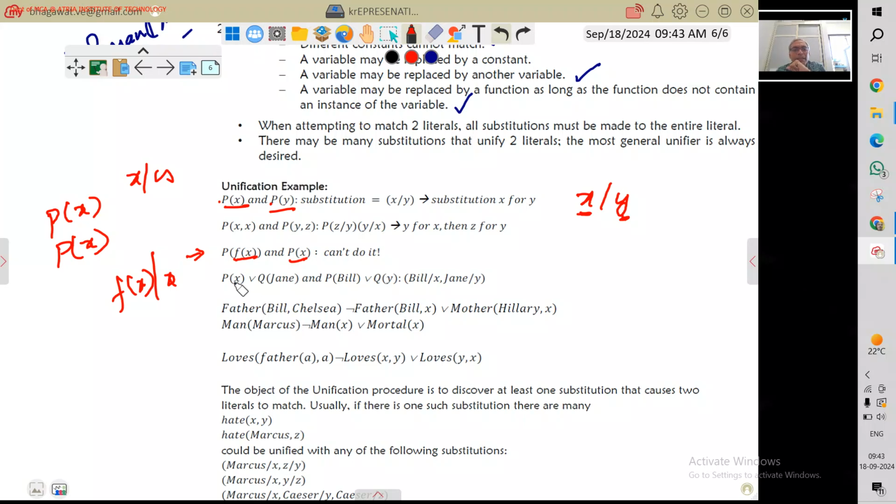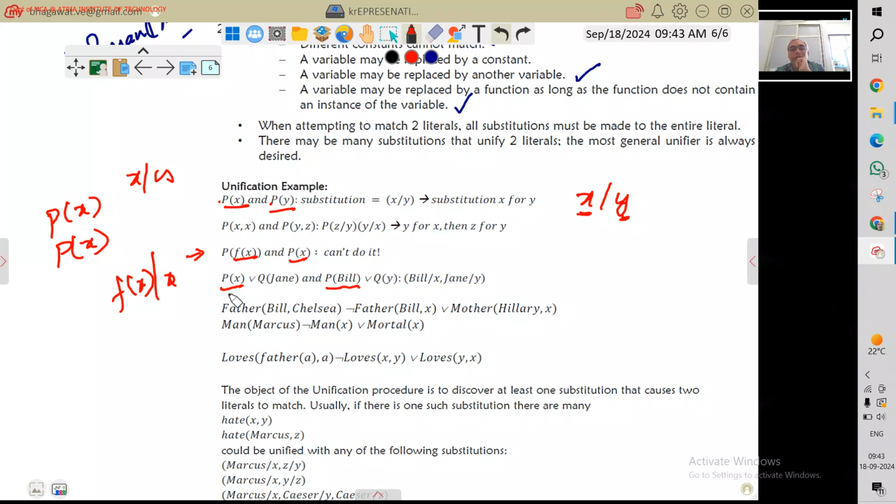Even if you take this example, you have got p of x or q of Jane, and p of Bill or q of y. If you want to do resolution, the first thing is you are going to look into the predicates. The first predicate we have got is p of x, and another predicate p of Bill is there. Both the predicates are matching here, but here x is there and here Bill is there.